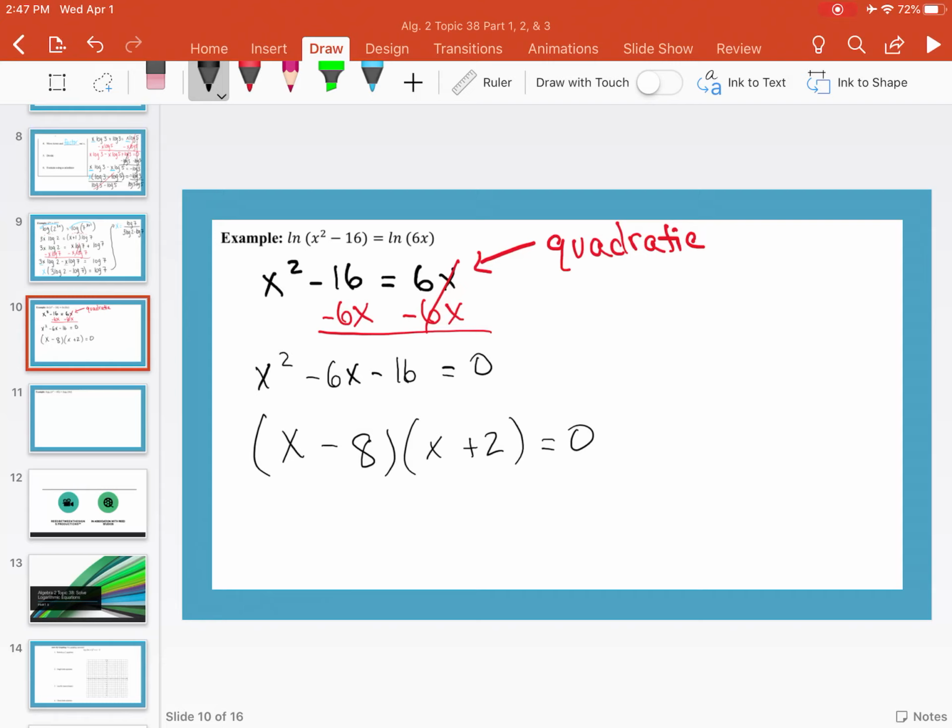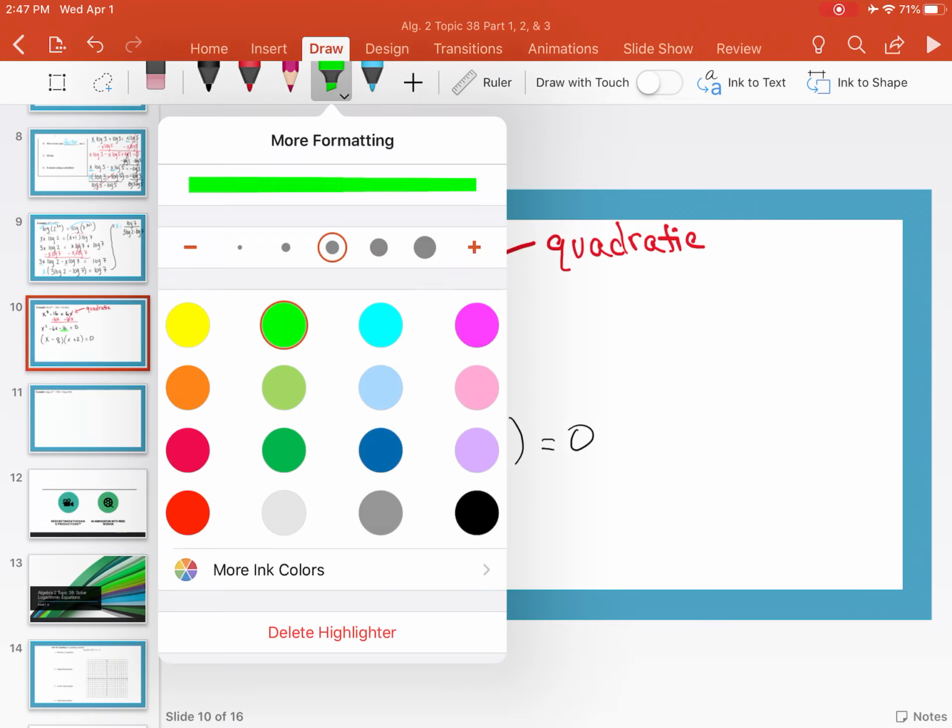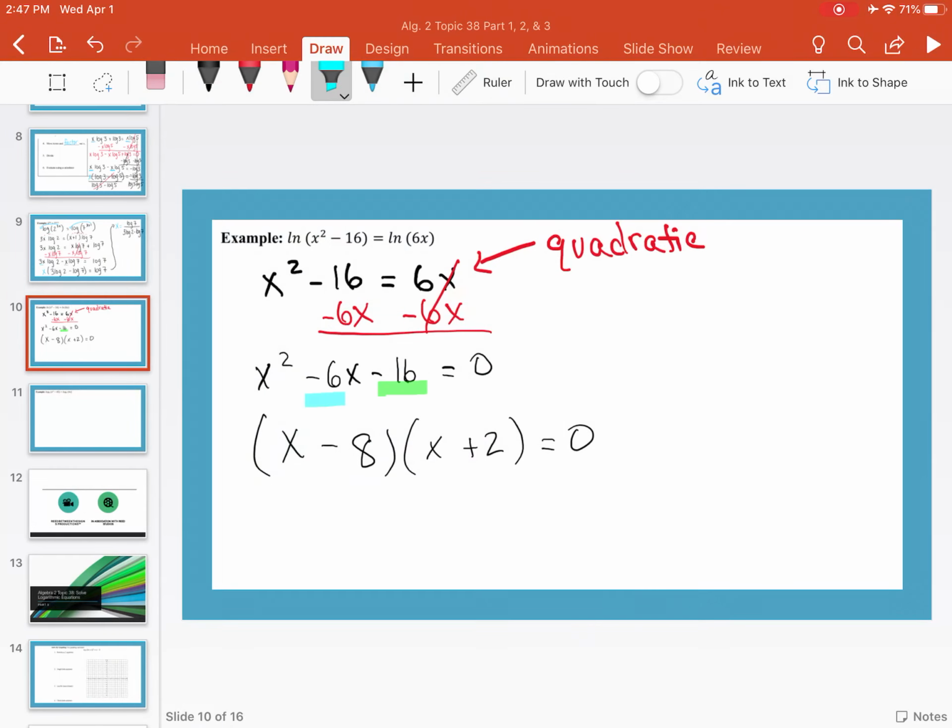So I want to think of the factor pairs that multiply together to get negative 16, but when I add them, I end up getting negative 6. So negative 8 times positive 2 gets me negative 16, but negative 8 plus 2 gets me negative 6.